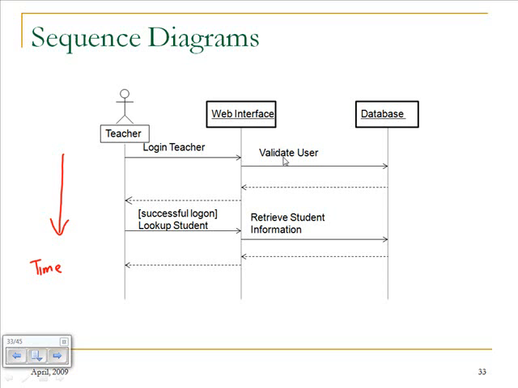Then the system is going to validate them, basically checking the database and sending back a message to the web interface. And then that's going to take some time to process. And then the web interface is going to take some time as well before responding back to the teacher with a successful log on, or maybe unsuccessful, and so on and so forth. So the behavior will continue going down this way.